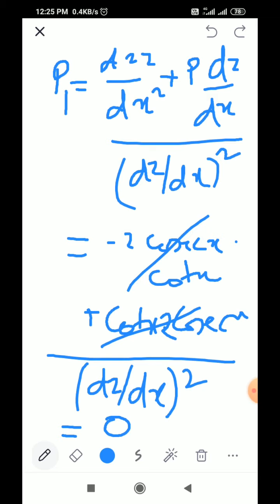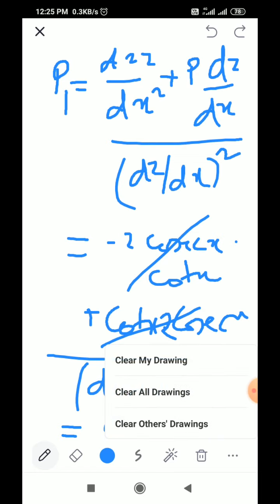Similarly, whenever we calculate q1, then q1 is equal to q upon dz by dx whole square.